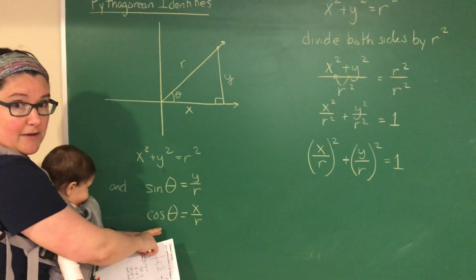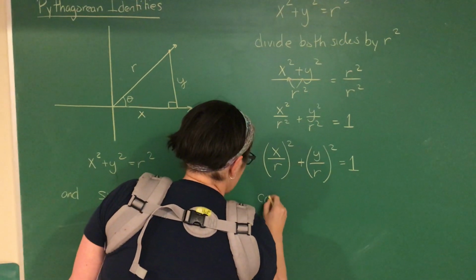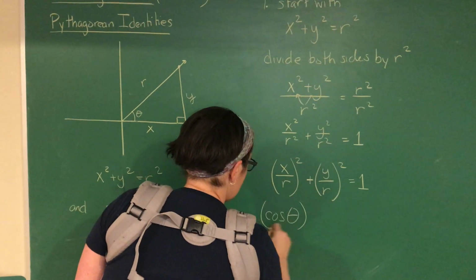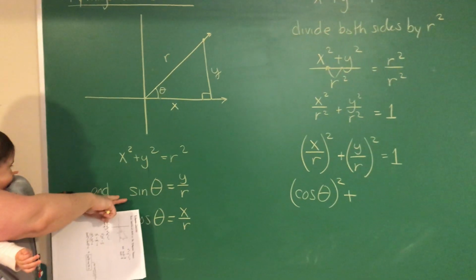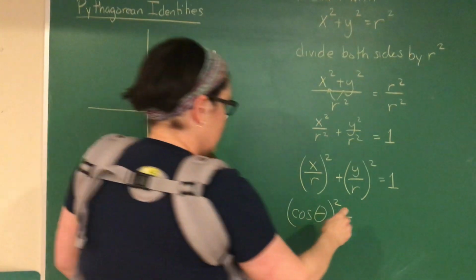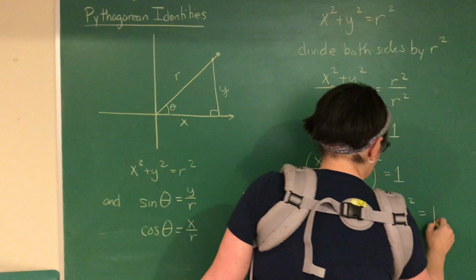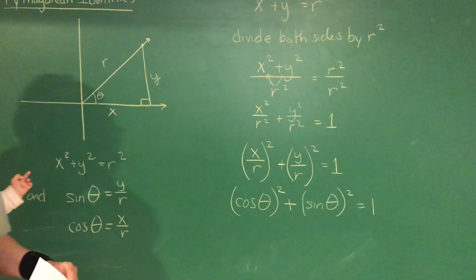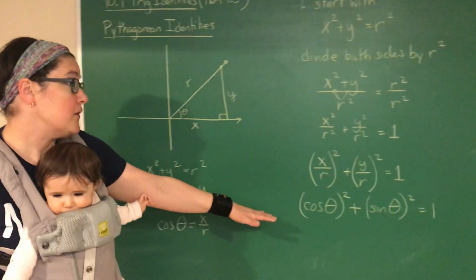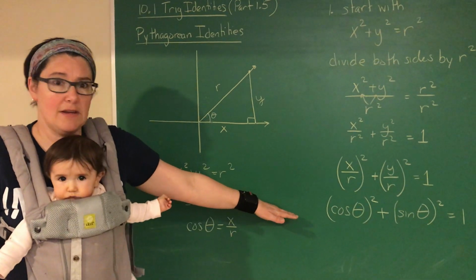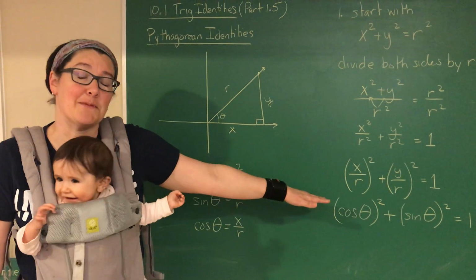Here we've got cosine of theta is x over r. X over r is exactly the same as cosine of theta, so I can write this as cosine of theta squared. Y over r, that's the same thing as sine of theta. So we have sine of theta squared equals 1. Okay, now what I've just written down here is a version of our very first Pythagorean identity. Cosine of theta squared plus sine of theta squared equals 1.